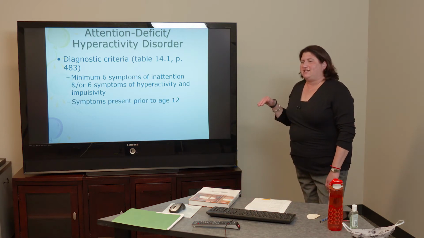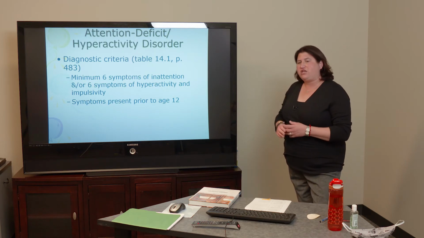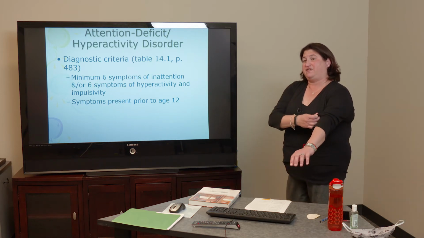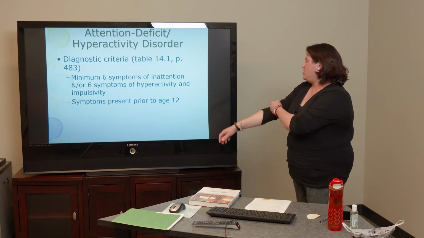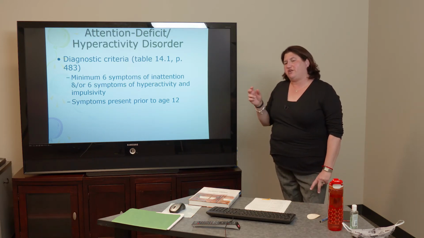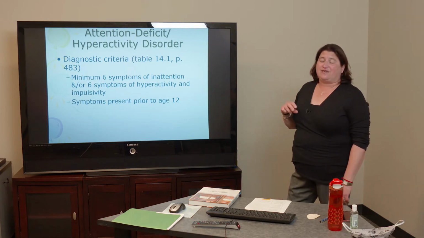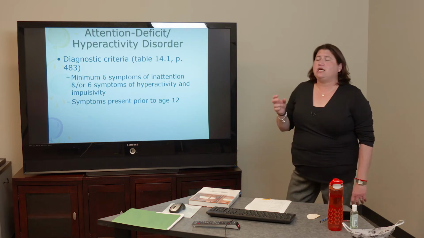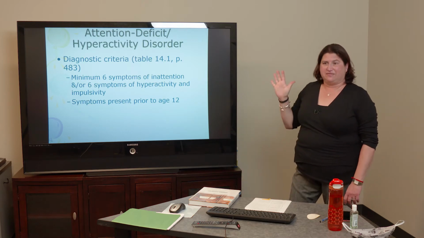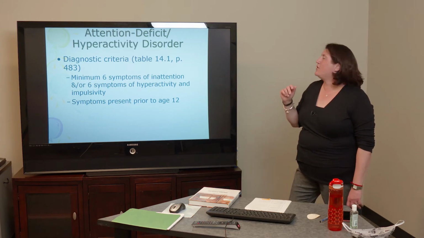Another big change in DSM-5 is that the symptoms have to be present prior to the age of 12. It used to be that symptoms had to be present by the age of 7, and now they've changed it. Now, DSM-5 also allows for the diagnosis of ADHD in adolescents and adults. And in fact, if someone is over the age of 17, they only have to have 5 symptoms of inattention or 5 of hyperactivity, impulsivity.